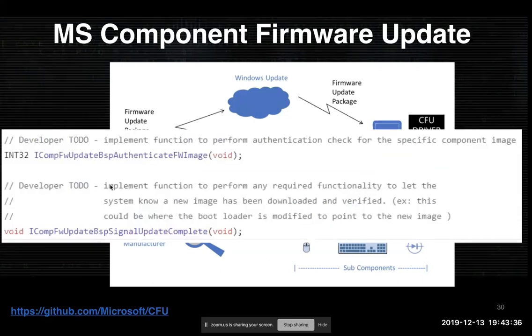The problem is, if you look at their SDK on GitHub, even in the comments, they do not mandate that the firmware update be signed, and the platform doesn't check or authenticate the update.